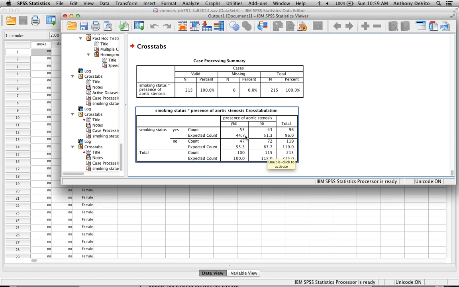So the way we calculate chi-square for each one of these boxes, we look at the expected values and the observed values. We take the observed value minus the expected value, we square it, and we divide by the expected value. Put that number aside. We do the same thing for each pair in these boxes, the differences between the observed and the expected, and we add those numbers together to get the chi-square value.